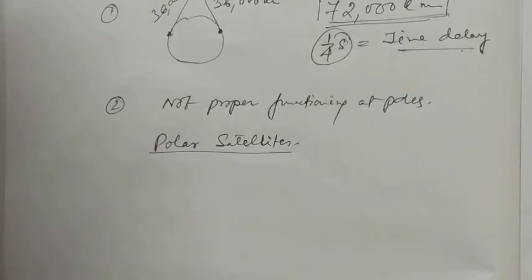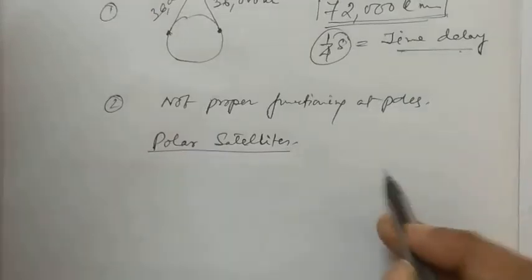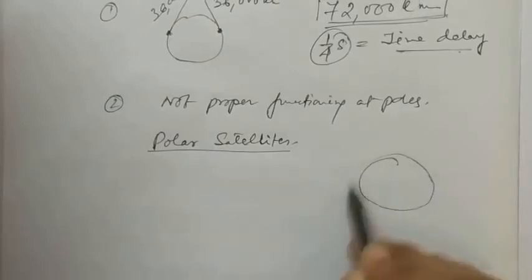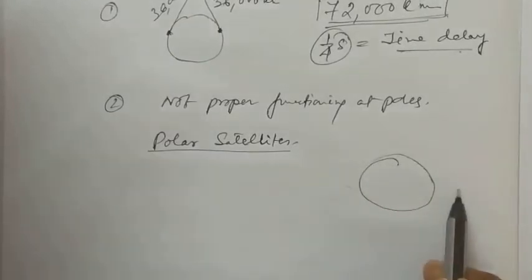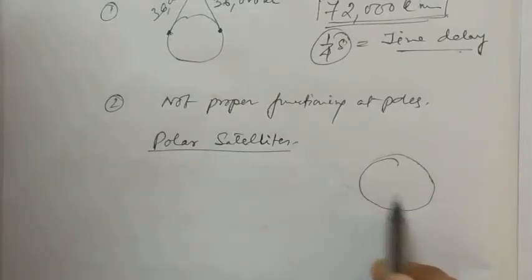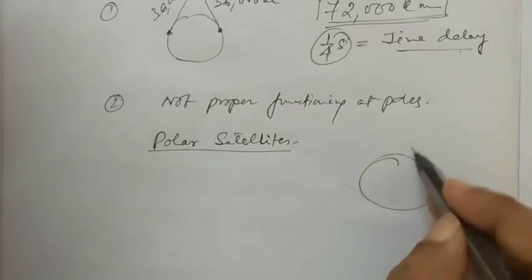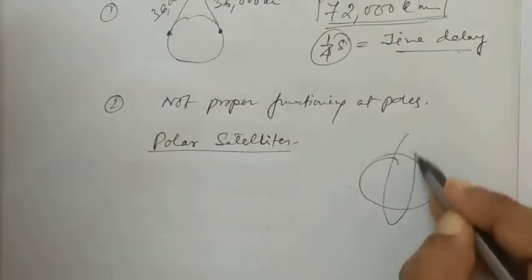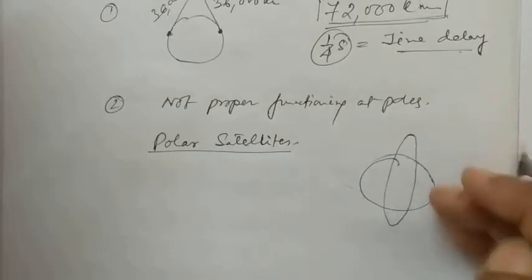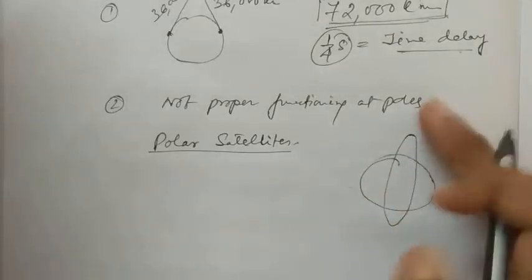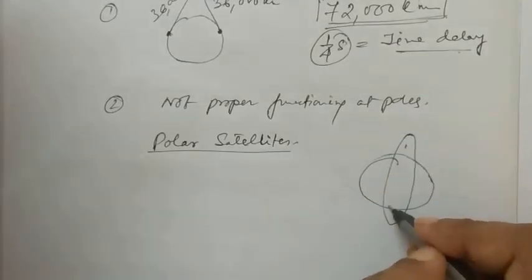Now, first we try to understand what a polar satellite is. This is the Earth. The plane of rotation of the geostationary satellite coincides with the equatorial plane, but the polar satellite is just the opposite. The polar satellite revolves in the polar plane, from the North Pole to the South Pole.